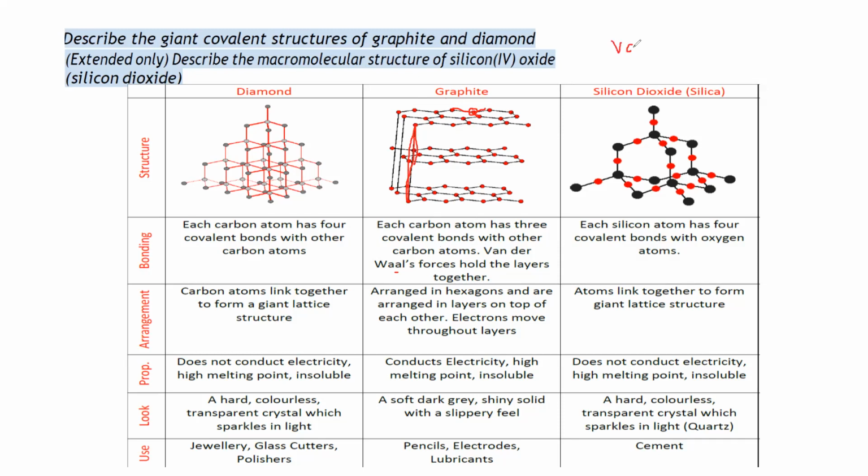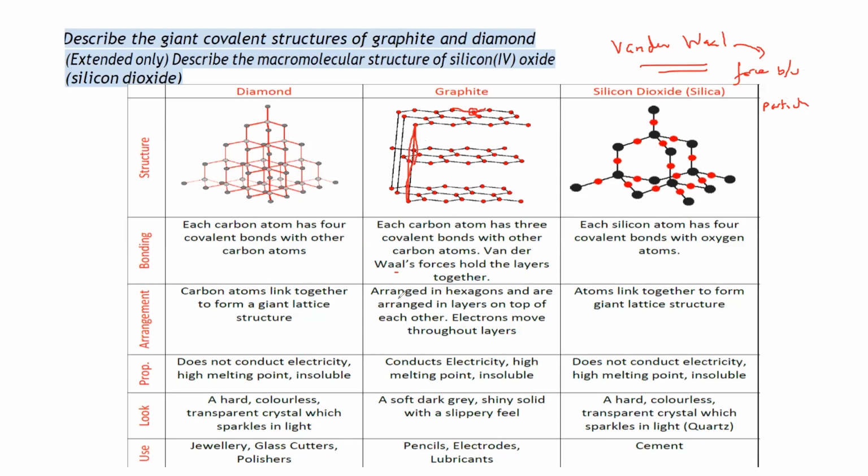It is named after a chemist. So that is also known as van der Waals force. The van der Waals force refers to the force between particles or molecules. So there is a weak force between the layers.